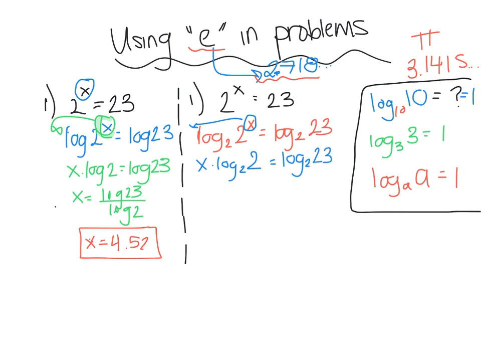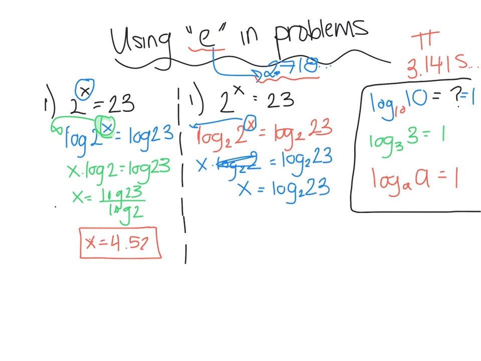But like we just saw, log base 2 of 2, 2 to what power equals 2, that's just 1. So this whole thing just equals 1. So I really just have x times 1 equals log base 2 of 23.